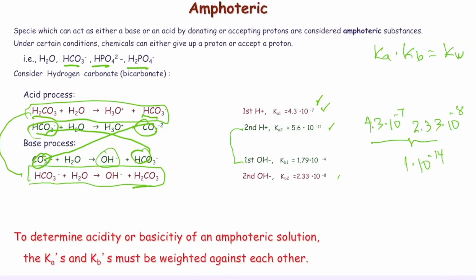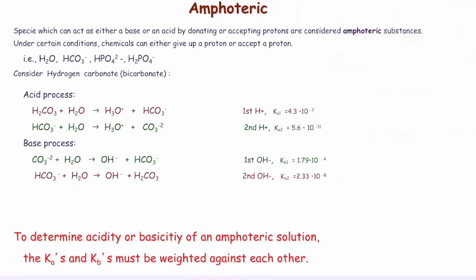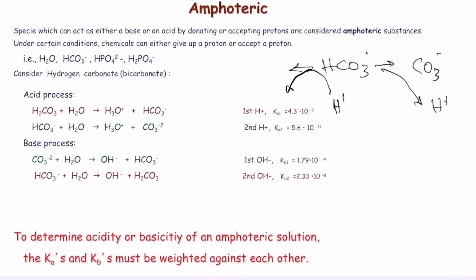Anyway, we're talking about amphoteric systems. If you take a look at this, you'll see that if I have bicarbonate, it has two paths to go. It can give up a hydrogen and form carbonate ion, or it can pick up a hydrogen and form carbonic acid.